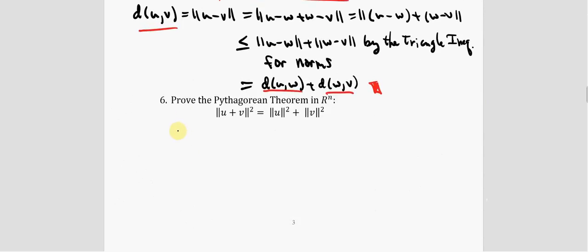So let's prove the Pythagorean theorem. Here we let u and v be orthogonal.